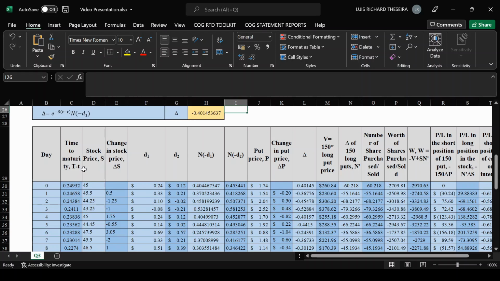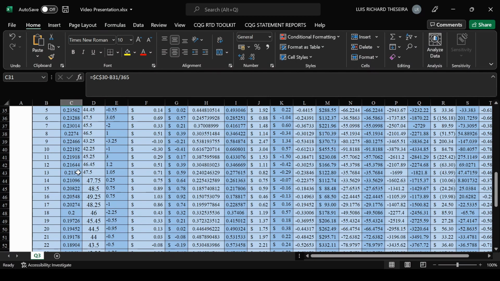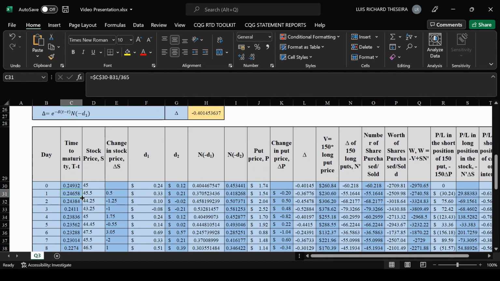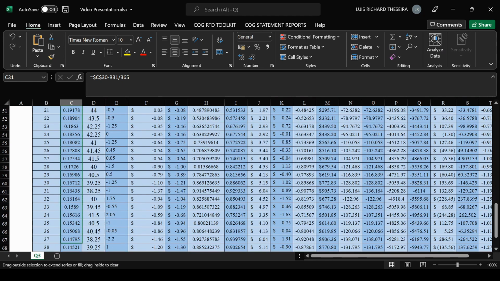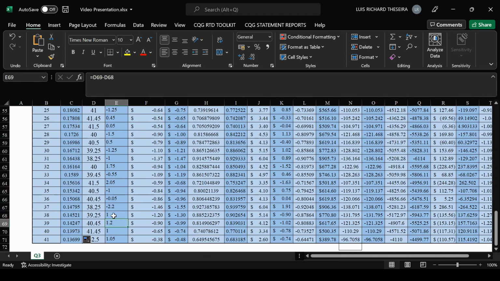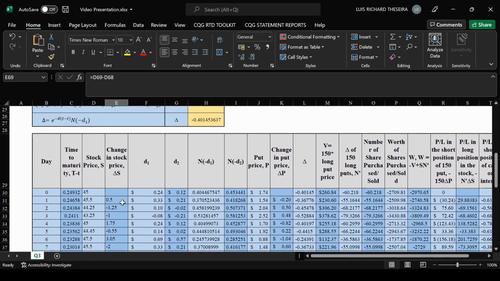So now, with that, we can first see the time to maturity, which is T minus the day. So you get the first T, which is 0.24932, minus 1 over 365 because we want it in years. So for that, we just calculate for each one through Excel. We can drag it out and we can see that all numbers correspond.